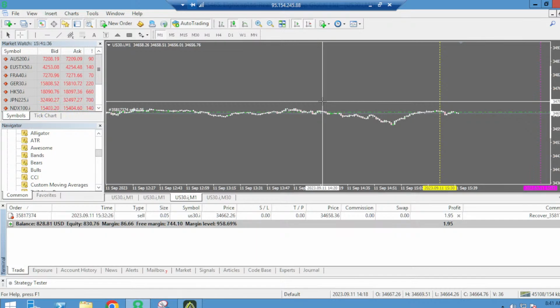All right, so it looks like it's ranging a bit. Price has not decided where it wants to go yet.